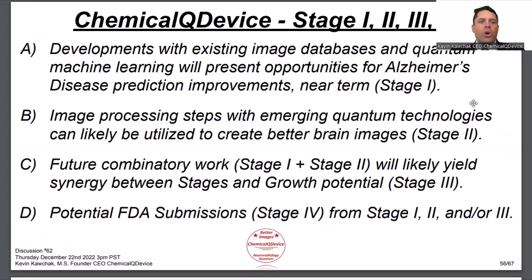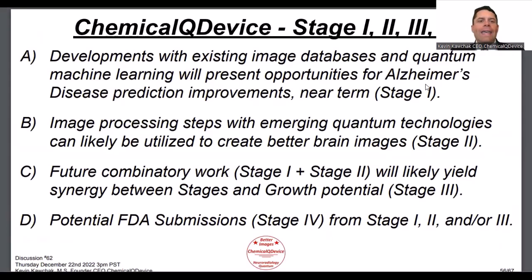And basically, that's it. So stage 1 is developments with existing image databases, and quantum machine learning will present opportunities for Alzheimer's disease prediction improvements near term. And then image processing steps with emerging quantum technologies can likely be utilized to create better brain images.